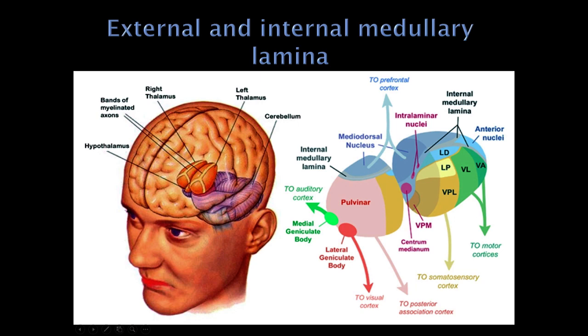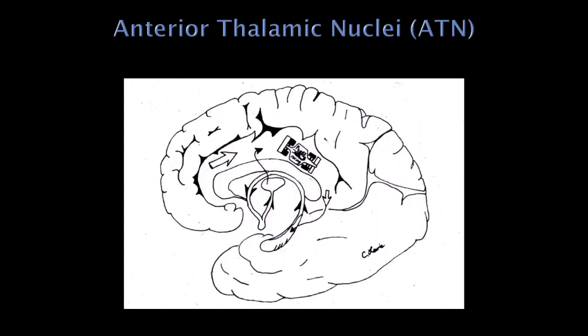It kind of divides the individual thalamic nuclei. And I'll say a little bit about the function of the external and internal medullary lamina. But we're going to go through these, starting with the anterior nucleus of the thalamus, the dorsomedial nucleus, and we'll work our way around like this. Several of them we've talked about already, and then some of this will be new.